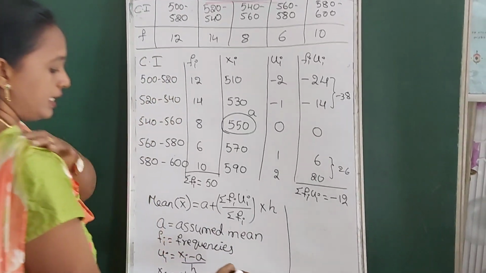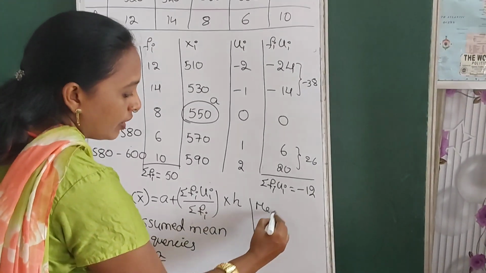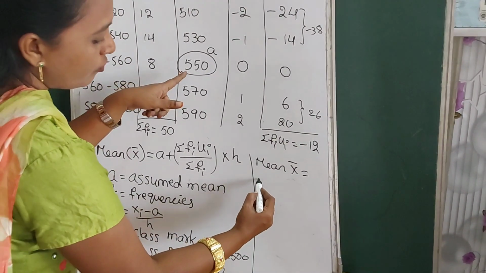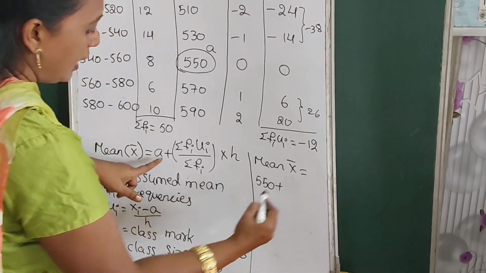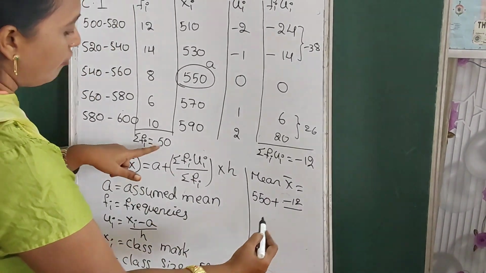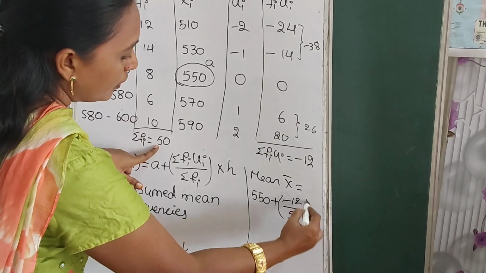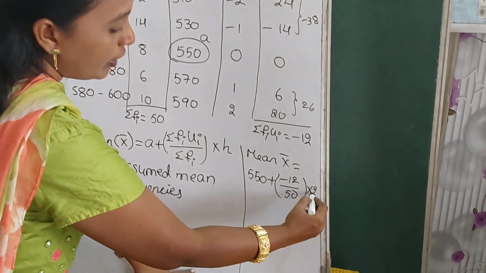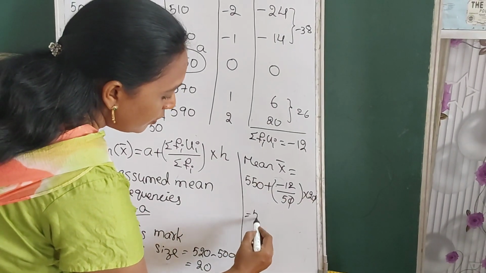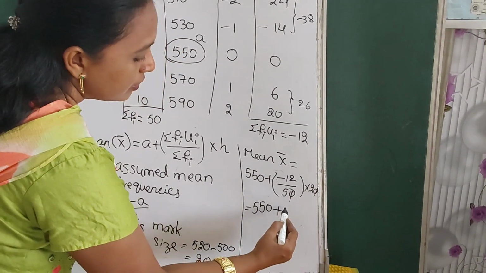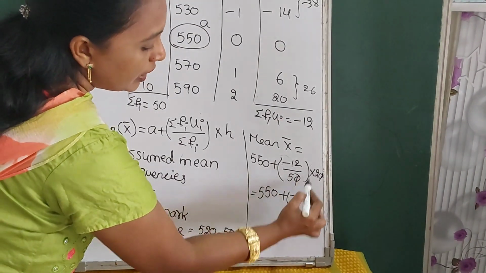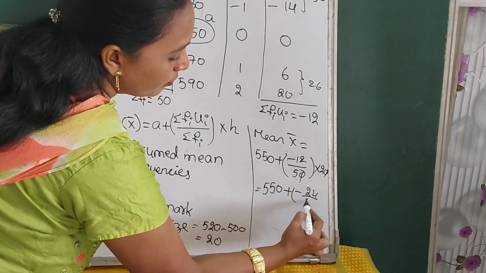So in the next line, now you write, therefore mean x bar is equal to A which is 550 plus sigma fi ui which is minus 12 by sigma fi which is 50 into h which is 20. 0, 0 gets cancelled and this will be equal to 550 plus minus 24 by 5.